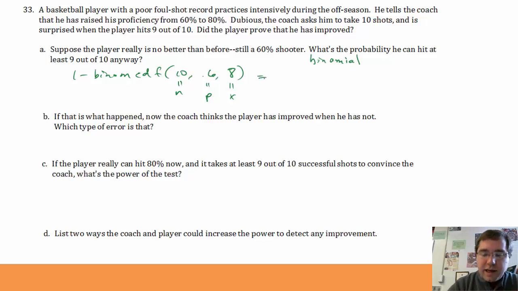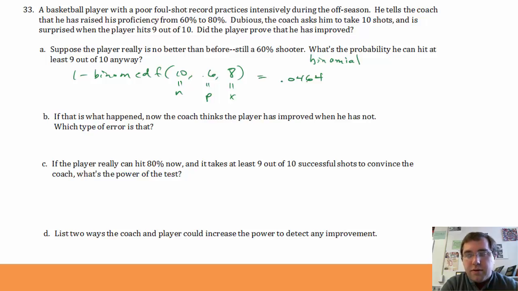So 1 minus that gives us at least 9 or 10, and that is 0.0464. So about 5% chance that he can make 9 out of 10 if he has not changed his success rate from 60%. If that is what happened, now the coach thinks the player has improved when in fact he hasn't.